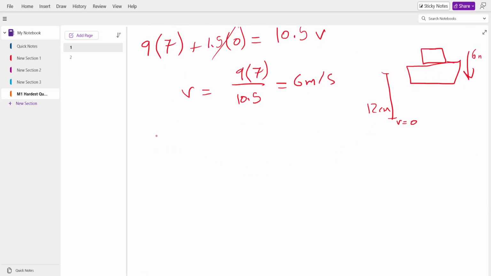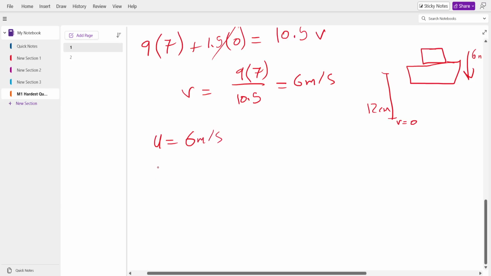So let's see, what do I have? My initial velocity was 6, which was the speed they started moving with, so 6 meters per second. My v is 0 meters per second. My s is 12 centimeters, so 0.12 meters.